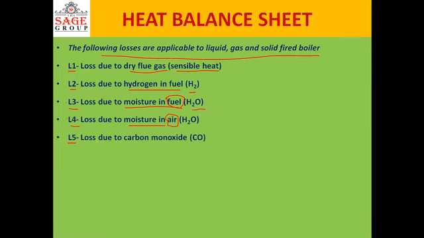L5 is the loss due to carbon monoxide, because when combustion takes place, carbon will burn and form either carbon monoxide or carbon dioxide. Carbon monoxide indicates incomplete combustion.